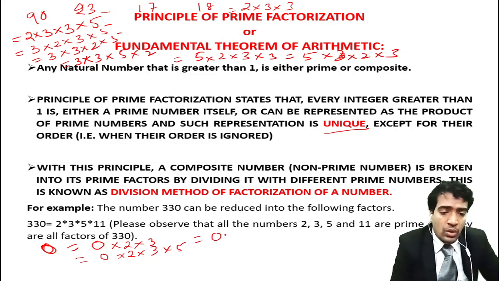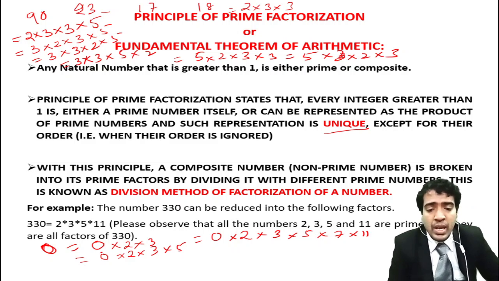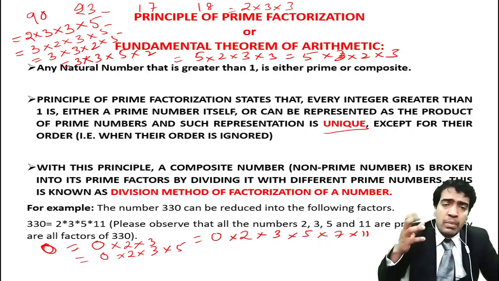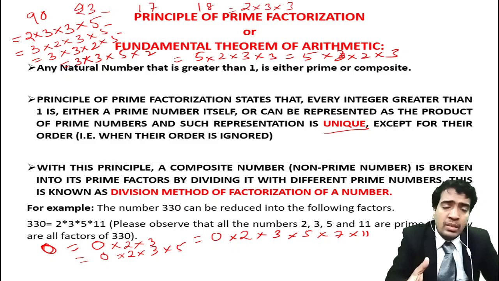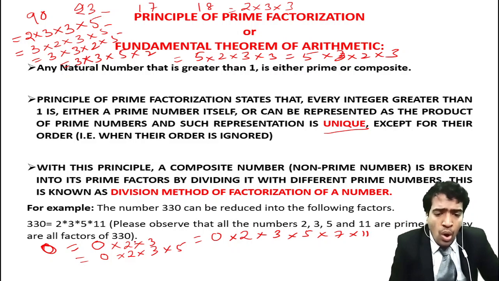You can also take 0 as a product of 2 into 3 into 5 into 7 into 11. This is also 0. What does the fundamental theorem say? It says that if the number is composite, it can be represented as a product of prime numbers, and such representation is unique. However, all these products are zeros, but their representation is not unique.